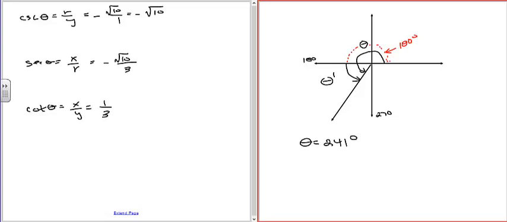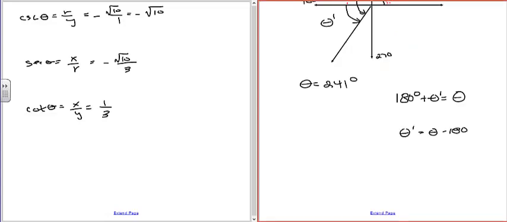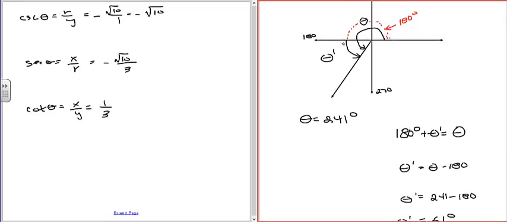So this plus that, you see graphically that 180 plus theta prime equals theta, or theta prime is theta minus 180. So the reference angle is going to be 241 minus 180, which is 61 degrees. That's this angle here.